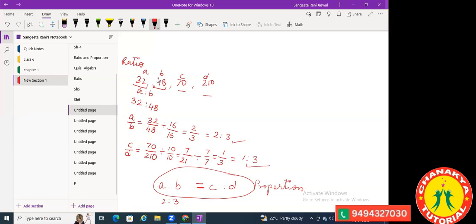There are never 5 numbers. A ratio includes only 2 numbers.